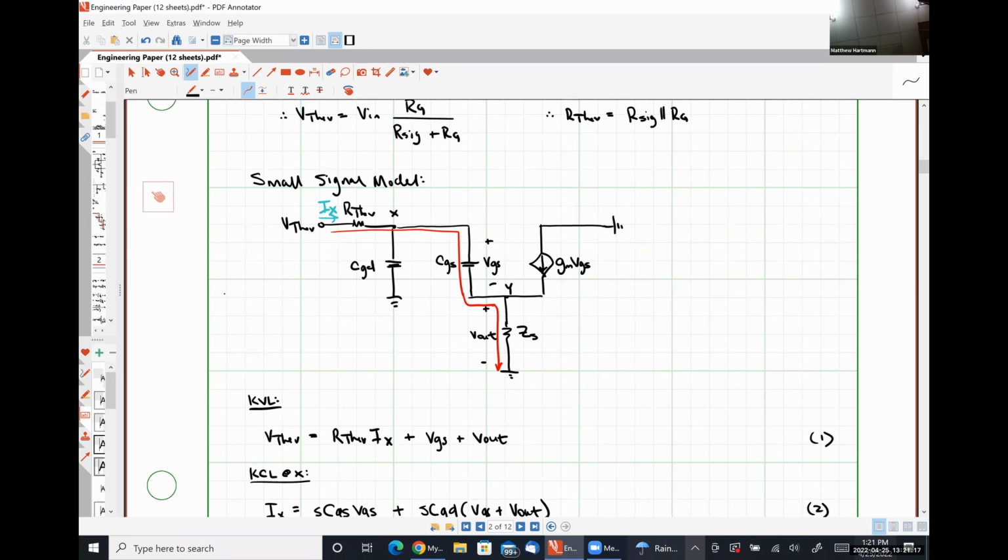So we would pull a portion of CGS and multiply it by 1 minus K. And we pull a portion of CGS over to the Y node, where it would be 1 minus 1 over K. Right? And at that point, the input and output are totally decoupled.